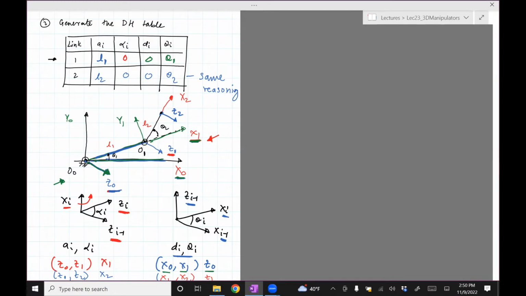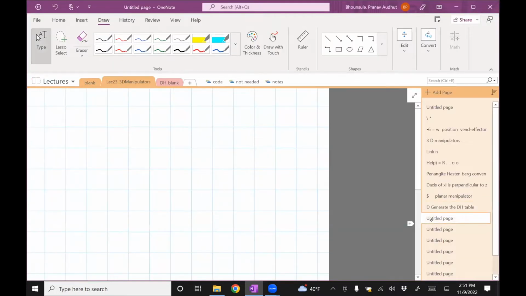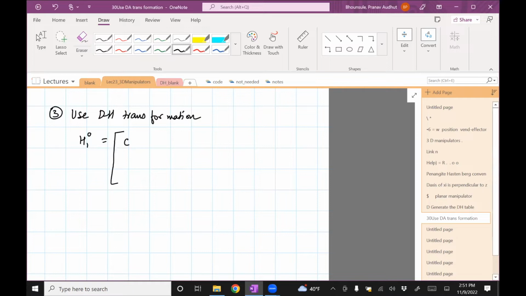The final step is to use the DH transformation. So we have H1 with respect to 0. I'm going to write a shorthand notation and then put what it means. L1, C1, L1, S1.